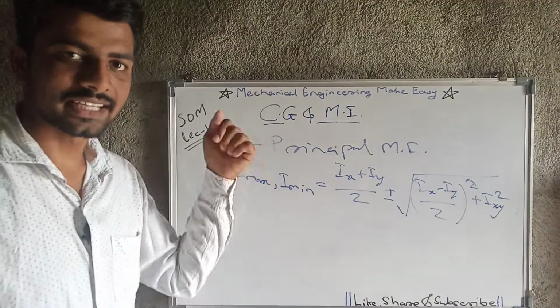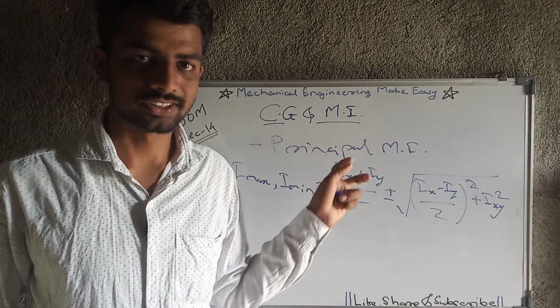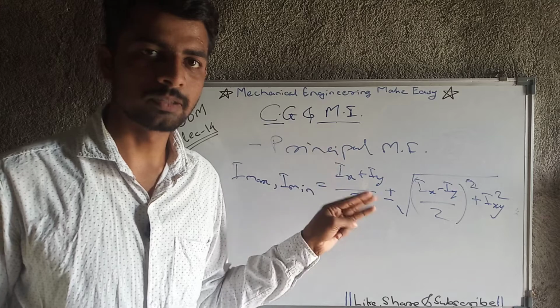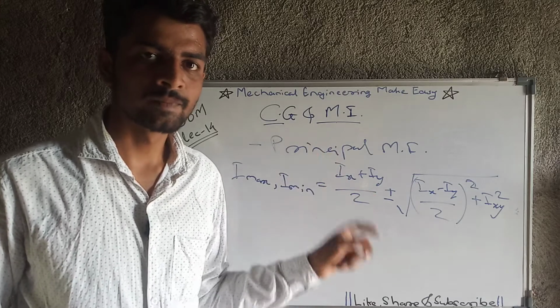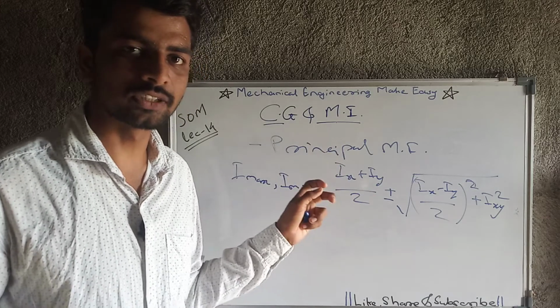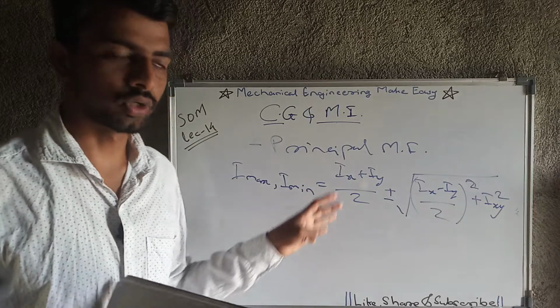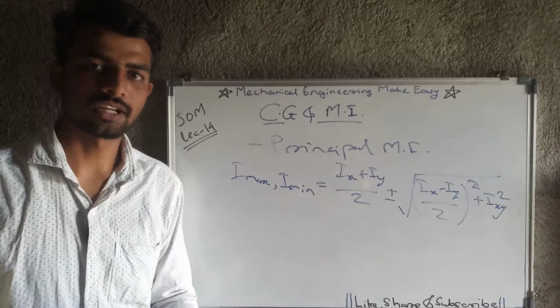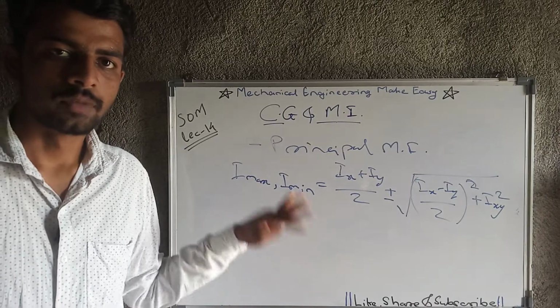Then again, the angle of principal axes. Likewise, in case of principal stresses, the plane where the shear stress was 0 is the principal plane, and the stresses on that plane are principal stresses. Here also, the axis about which the principal moment of inertia will occur will have some orientation.